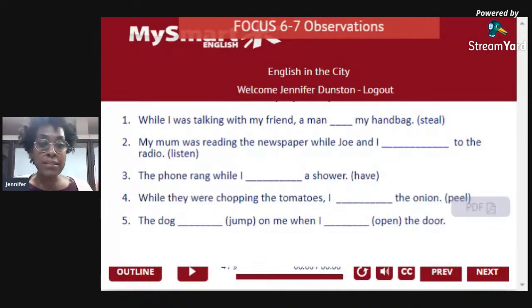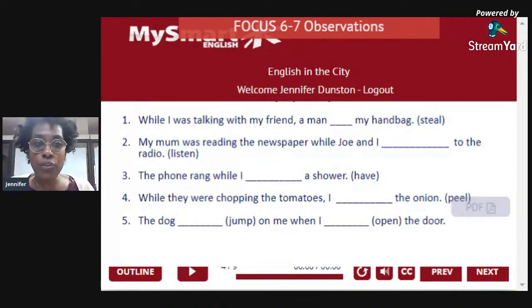But when we use past simple and past continuous together, whether in the same phrase, in the same sentence, we also have other words that we use with them. We use when and we use while. When we use one past tense with when, we use another with while.